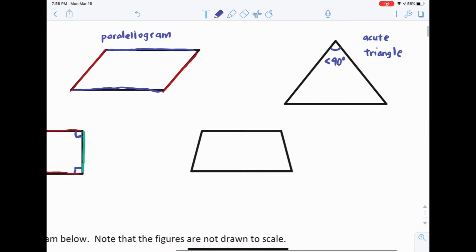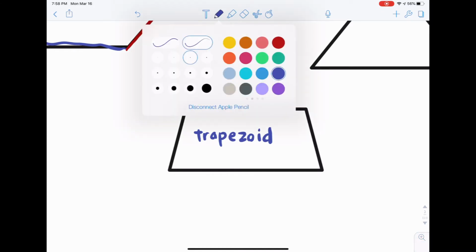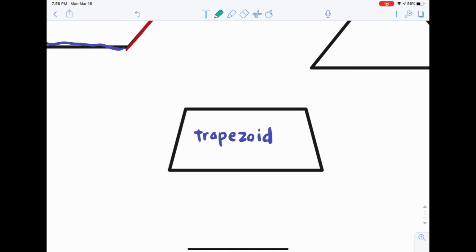And we have one final shape. This shape is known as the trapezoid. A trapezoid is a quadrilateral, meaning it has 4 sides. What makes it different than a rectangle and a parallelogram is that not all 4 sides are parallel.